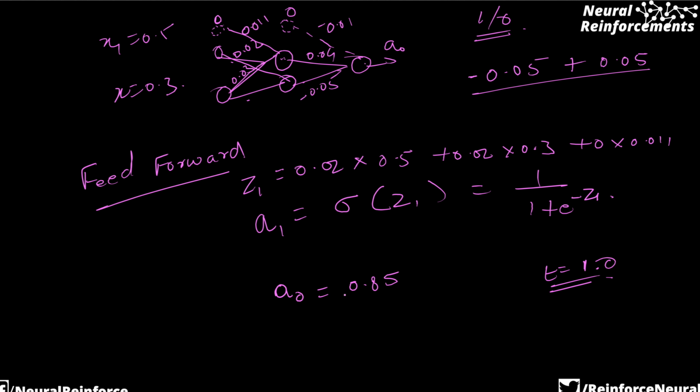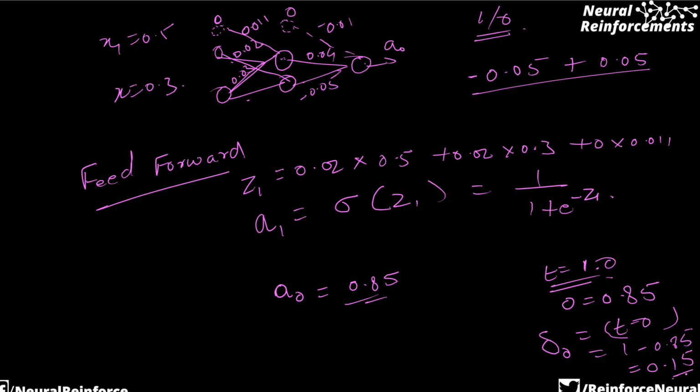And our output in this particular case, the probability, is 0.85. So what is the delta in this particular case? Delta of output is equal to t minus o, which is equal to 1 minus 0.85, is equal to 0.15. And multiplied by the x1, this will give us 0.1.